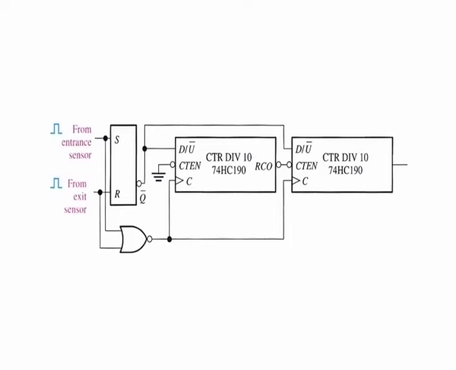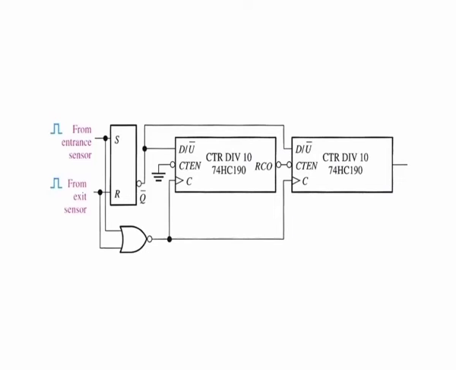The low on the Q bar output of the latch puts the counter in the up mode. Also, the sensor pulse goes through the NOR gate and clocks the counter on the low to high transition of its trailing edge. Each time an automobile enters the garage, the counter is advanced by 1, that is incremented.